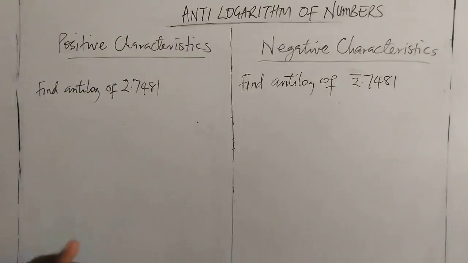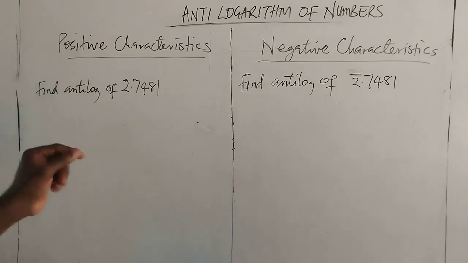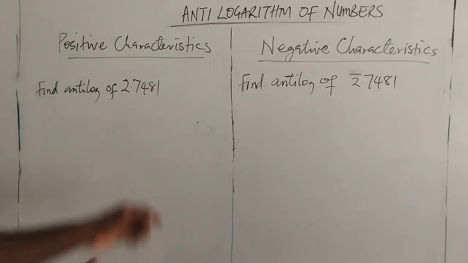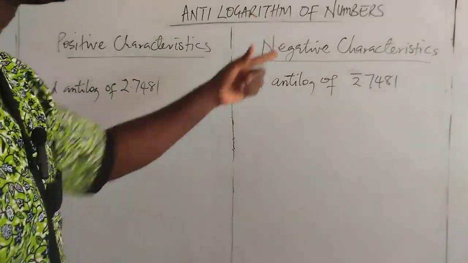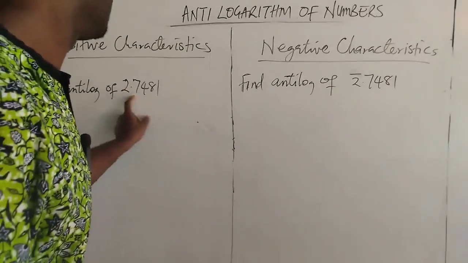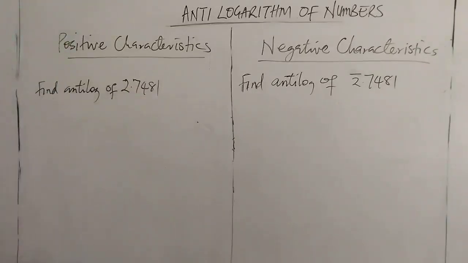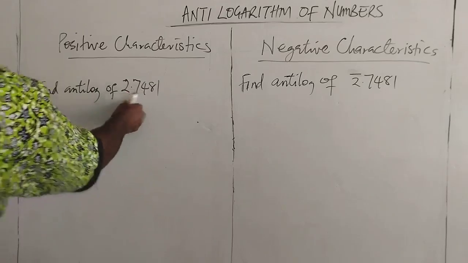Anytime you are asked to find the antilog of any number, there are two things you're supposed to do. One, check the mantissa part. Look up this mantissa part on the 4-figure table to know the value you are going to write down.